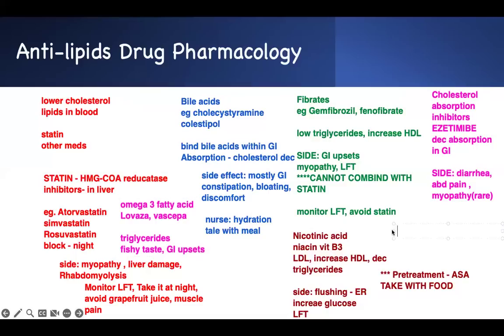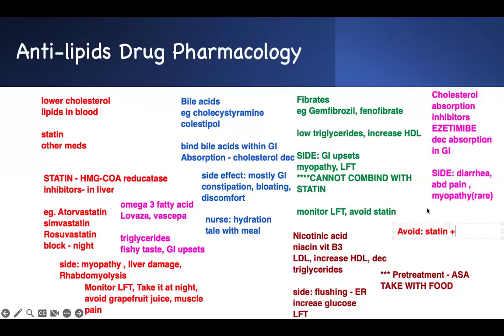There's one key thing I want to leave with you, and the exam may try to trap you with this combination. You can combine everything. You can take statin with something, but this combination you should avoid.